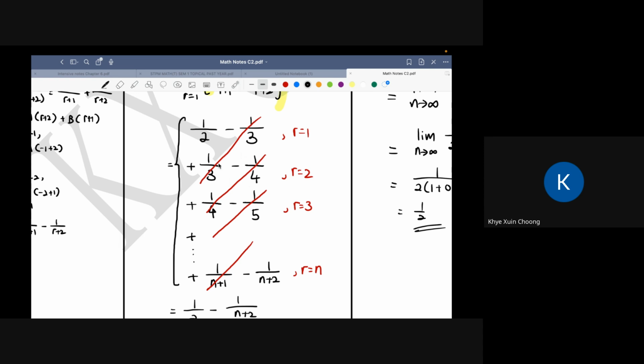You can see this is 1 over 3, this is 1 over 3, you can cancel it out. This is 1 over 4, 1 over 4, you can cancel out. So the cancelling pattern should be consistent. If you cut it at this angle, every term behind should be cut using the same angle until the last part. So this is the thing that is left out.